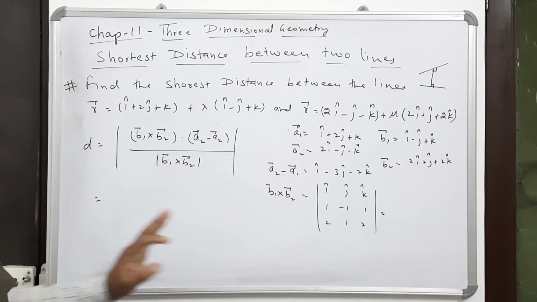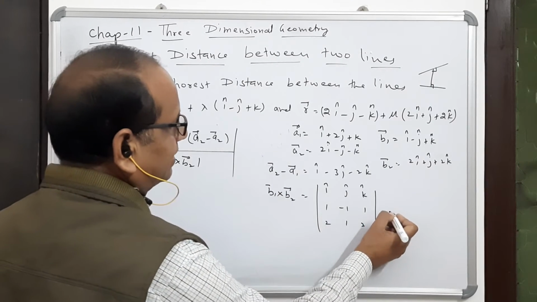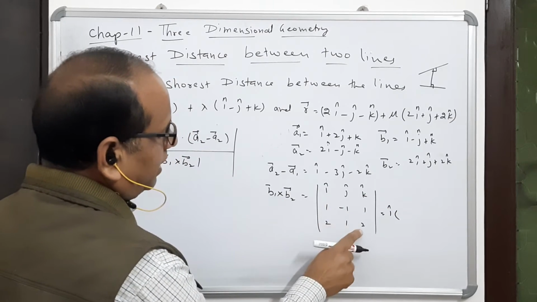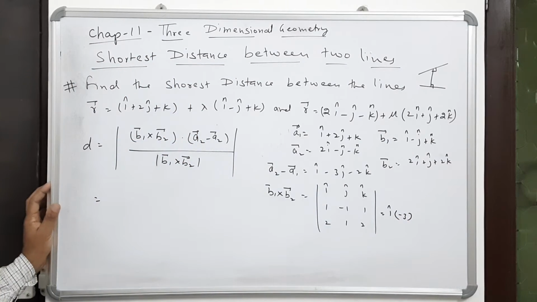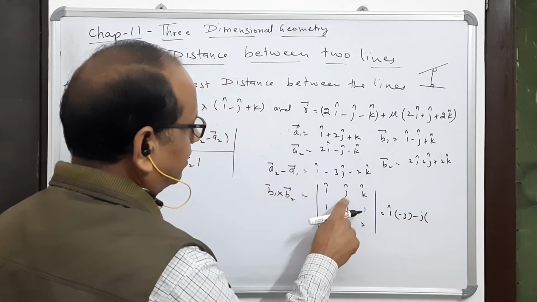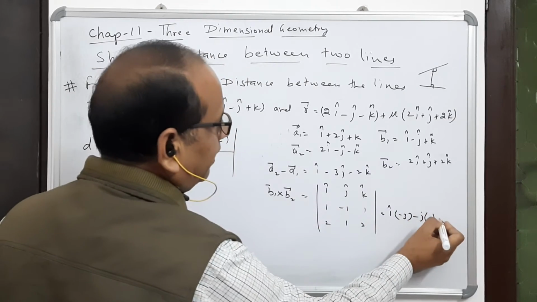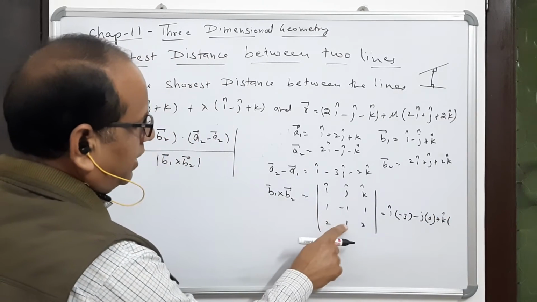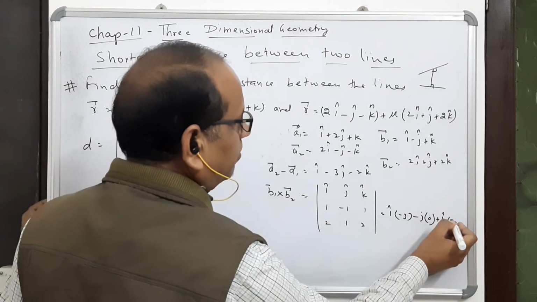Now we will first calculate B1 cross B2. So it is i cap, and with i cap it is minus 2 and minus 1, minus 3. It is not required to explain the small steps now. Then minus j, this one. So it is 2 minus 2, it will be 0. For k cap, it is 1, and minus 2, and minus minus will be plus, so it will be 3.